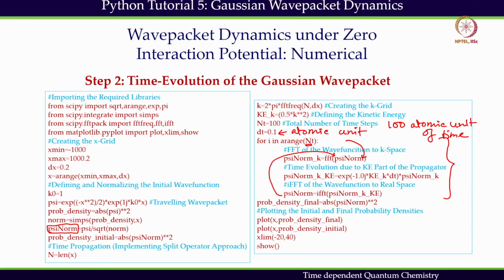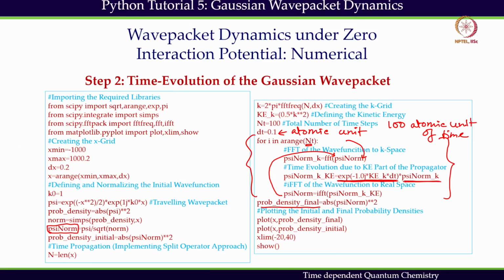The moment the 100 steps are over, I get the final probability density. This is the major step. One can take a look at the time propagation part, how we are doing this time propagation. As you can see, the kinetic part of the propagator has been carried out in momentum space only.